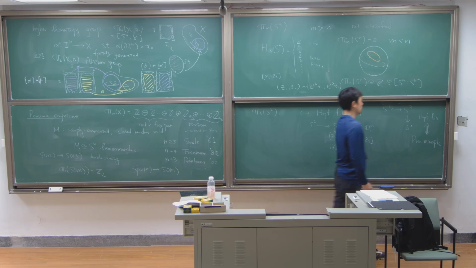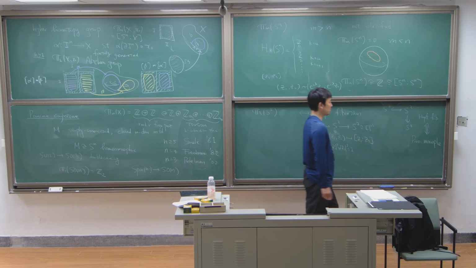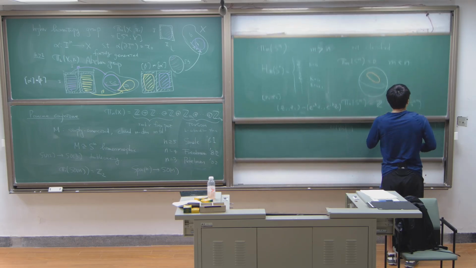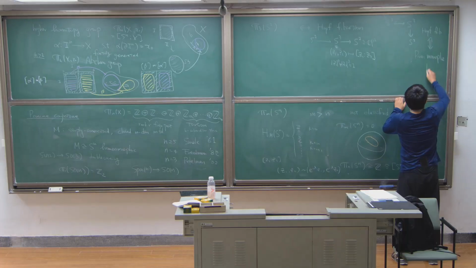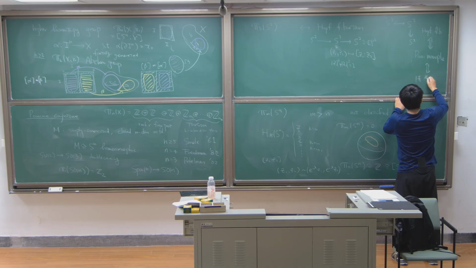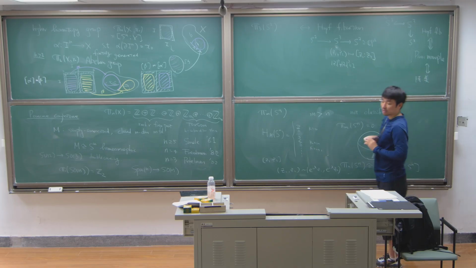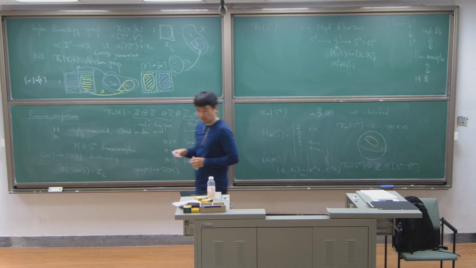And the Dirac monopole is related to Chern class and so on.